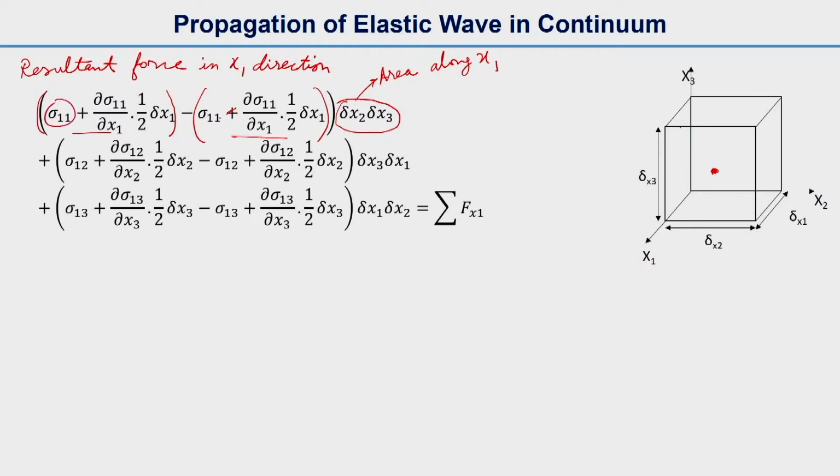Sigma 11 and sigma 11 here are from the front face and the back face, and similarly sigma 12 and sigma 12 are from the left hand side face and the right hand side face. Similarly, sigma 13 and sigma 13, this term and this term. Similarly, in the second case also, this term and this term.